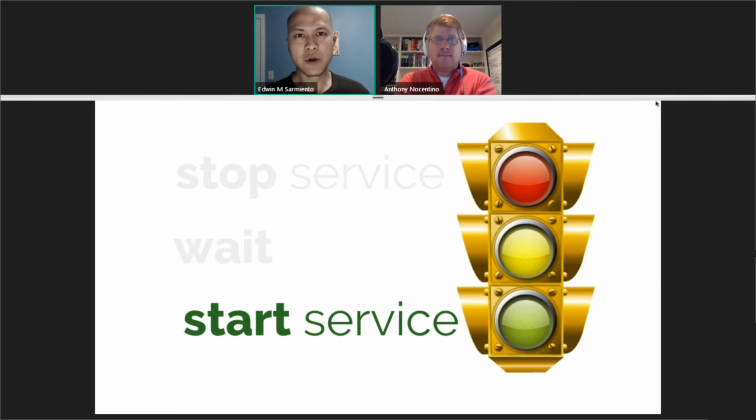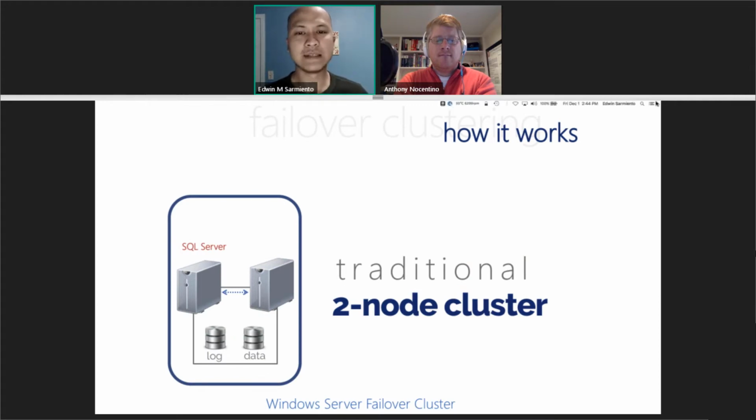So let's go ahead and illustrate that with a traditional 2-node SQL Server Failover Clustered instance. The reason I'm using a traditional 2-node cluster is because there are a lot of 2-node cluster deployments out there. It's what has been introduced even as early as Windows NT 4. So, like I said, I am going to use the traffic light analogy for this.